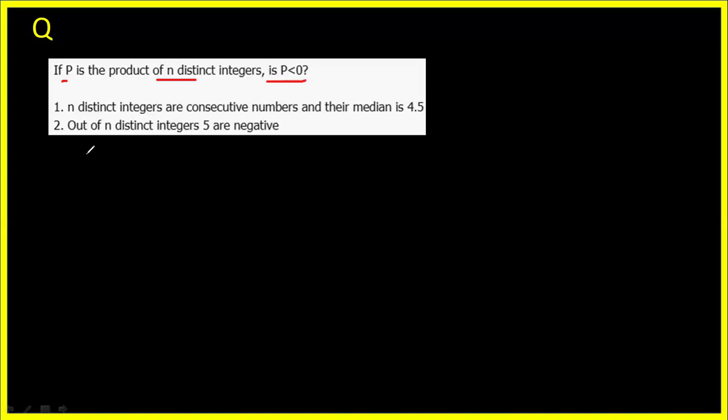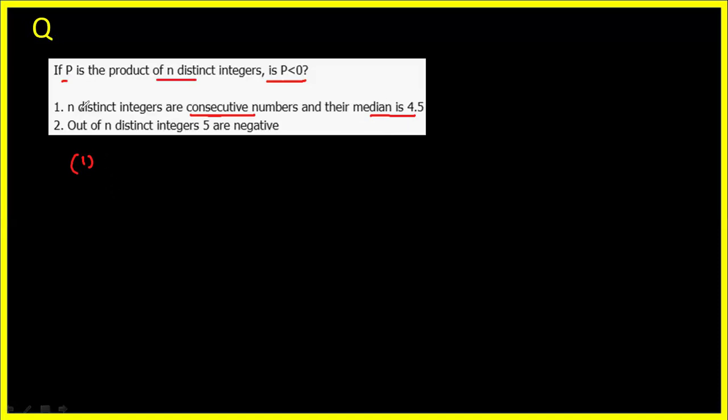Now, first statement, it says that n distinct consecutive integers, consecutive numbers, and their median is 4.5. Now, what can be concluded? There are n distinct integers which are consecutive, one after the other, and their median is 4.5. That means the average of the middle two values must be 4.5.